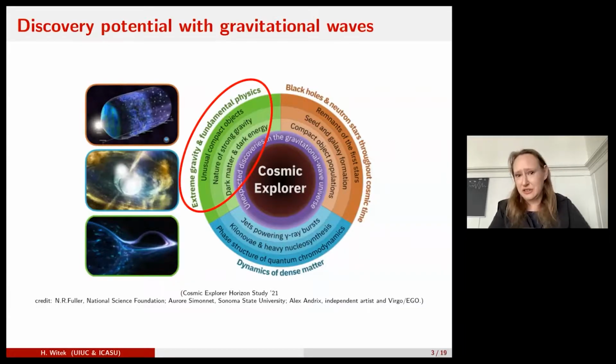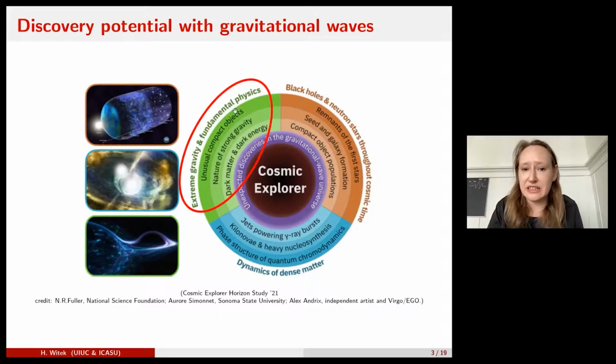Is general relativity actually the ultimate theory of gravity? And from theory trying to combine gravity and quantum physics, we know that general relativity is not a good candidate. So at some point, there need to be extensions to general relativity, and these current and future gravitational wave detections may hold the key to study that.